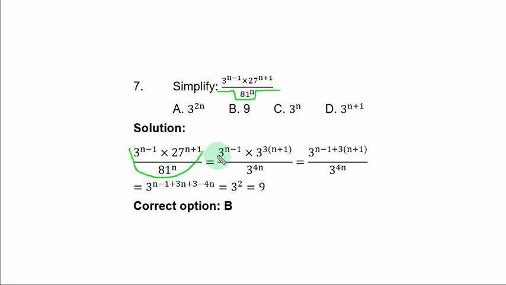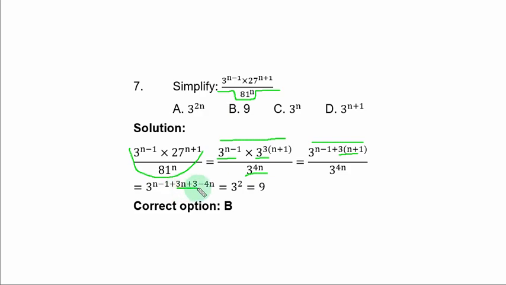The first term remains the same. 27 can be expressed as 3 cubed, then n plus 1 is the power, then 81 is expressed as 3 power 4. So you have 3 power 4n. Here we apply the law of multiplication of the same bases and you add the powers. So the powers are being added. If you open this bracket here, you have 3 power n minus 1 plus 3n plus 3.